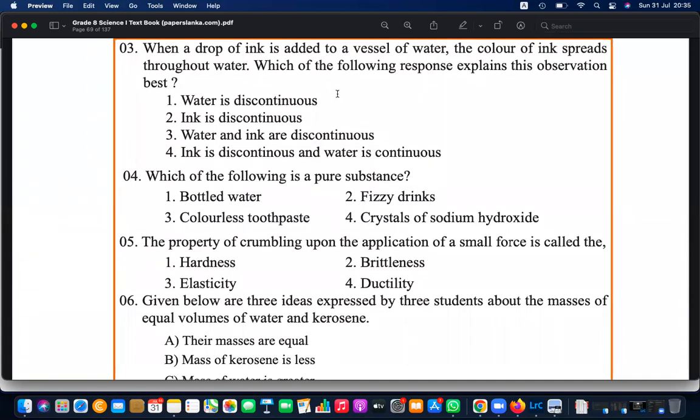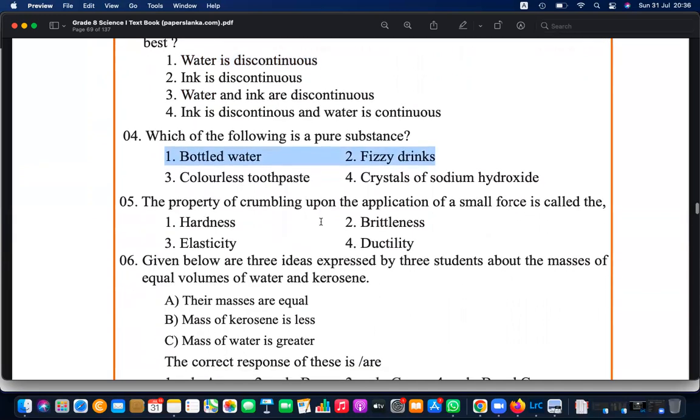Water is discontinuous. Yes, water is discontinuous. It is made of elements, and these elements have gaps between them. That is the discontinuous nature, because you can break it down into small elements, H2O. That feature is called discontinuousness, right?